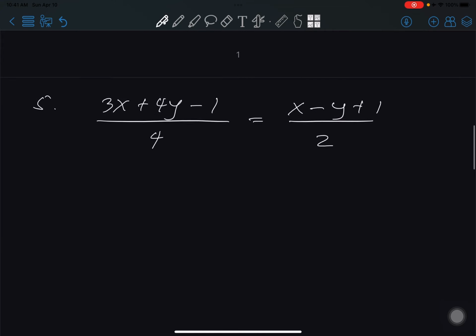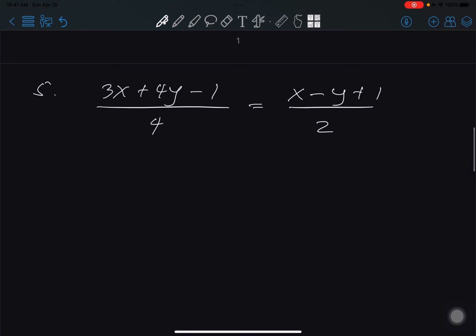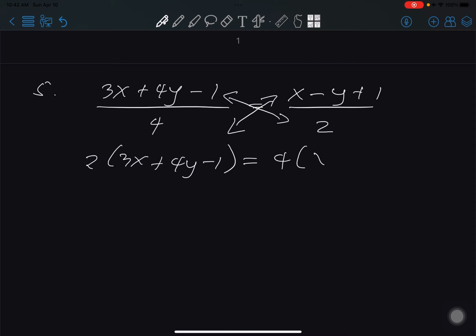So here, what do we need to do? We just have to cross multiply again. Cross multiply. So cross multiplying 2 times 3x plus 4y minus 1 equals 4 times x minus y plus 1.